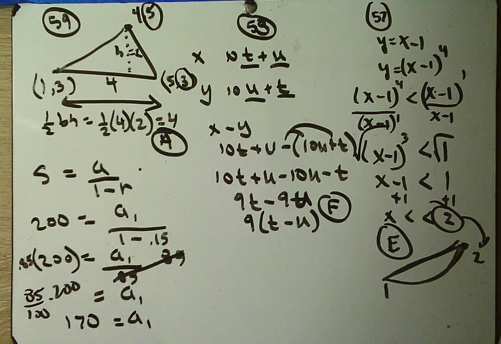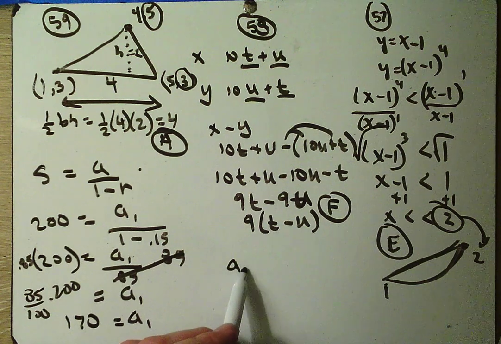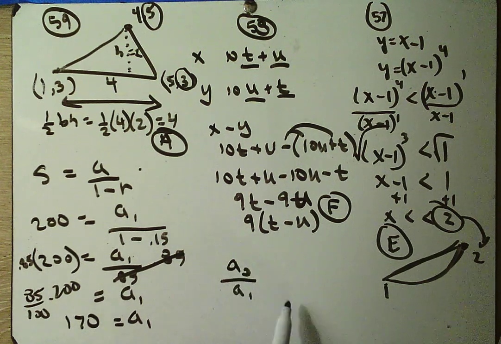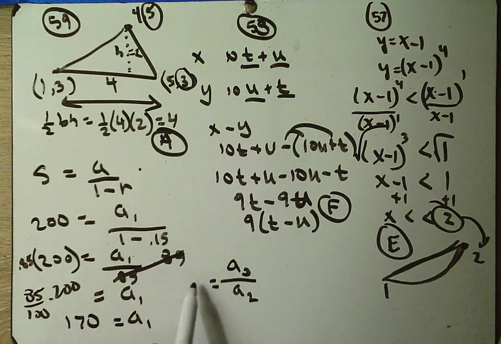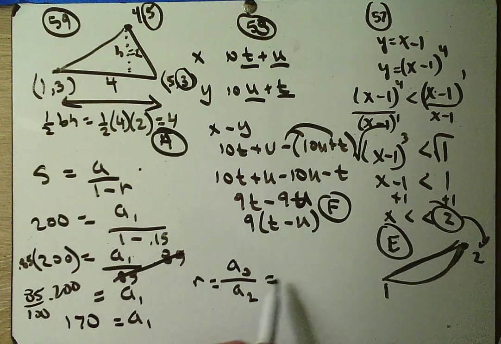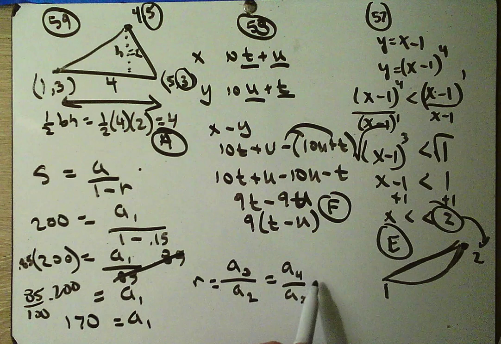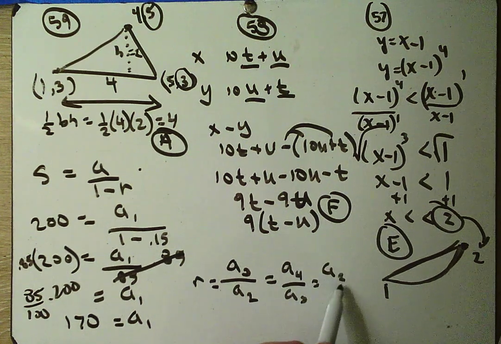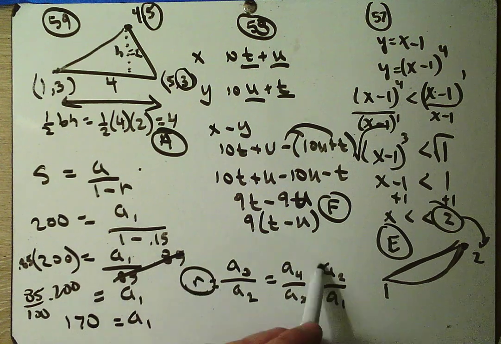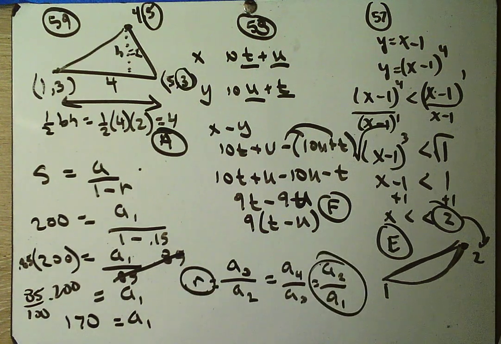Okay, and so what's A sub 2? Well, remember, in a geometric sequence, A sub 3 divided by A sub 2 is our R value. I could also do A sub 4 divided by A sub 3, but the one we need is A sub 2 over A sub 1. Our common ratio is A sub 2 over A sub 1.